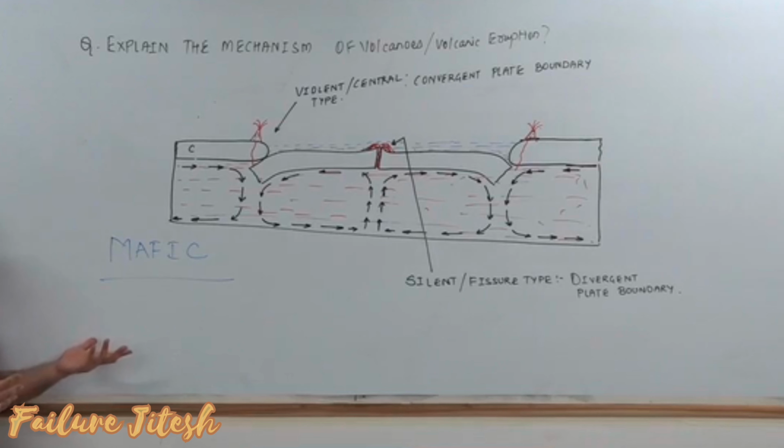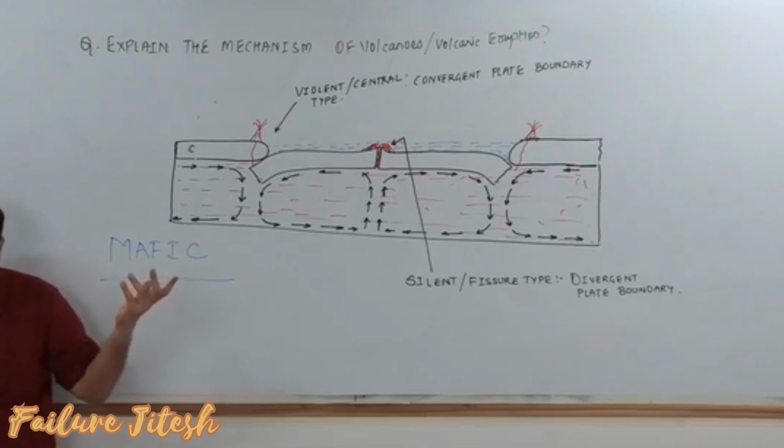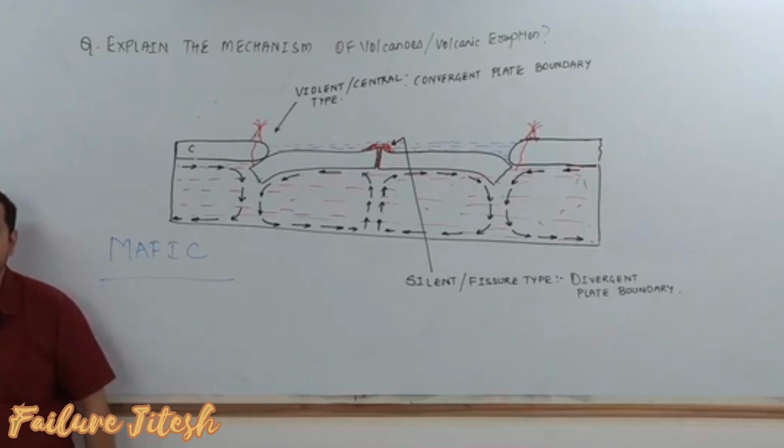Plateau भी बनाएगा this kind of magma, we have seen yesterday. That is the Deccan lava plateau, Icelandic plateau. Iceland is also an example of a plateau, Siberian plateau. So all this is associated with the basic magma. Next point.